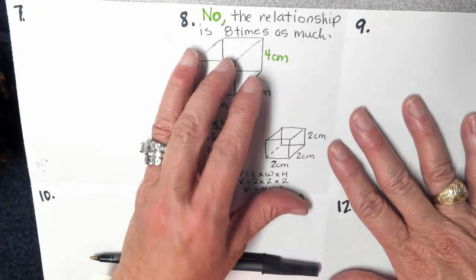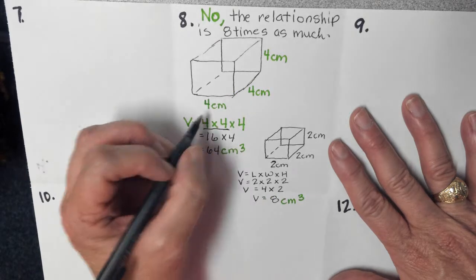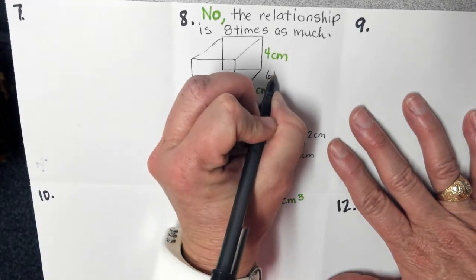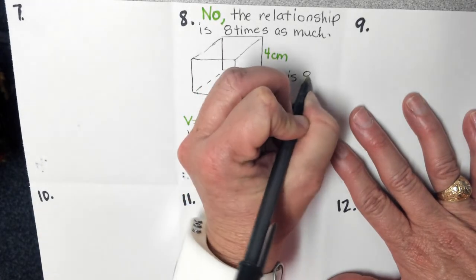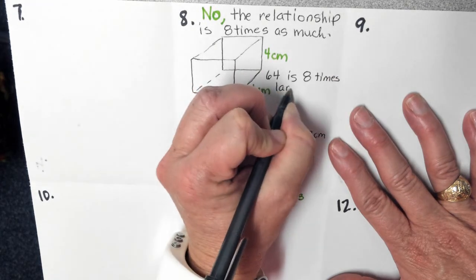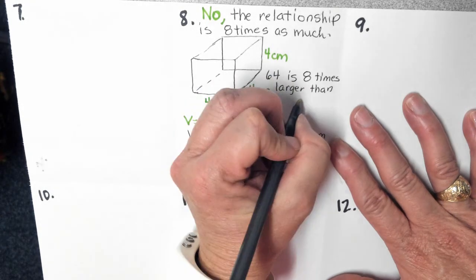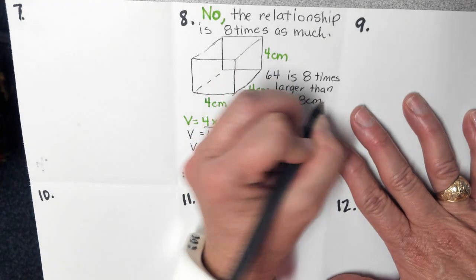So it's 1/8 of the size, or 64 is 8 times larger than 8 centimeters.